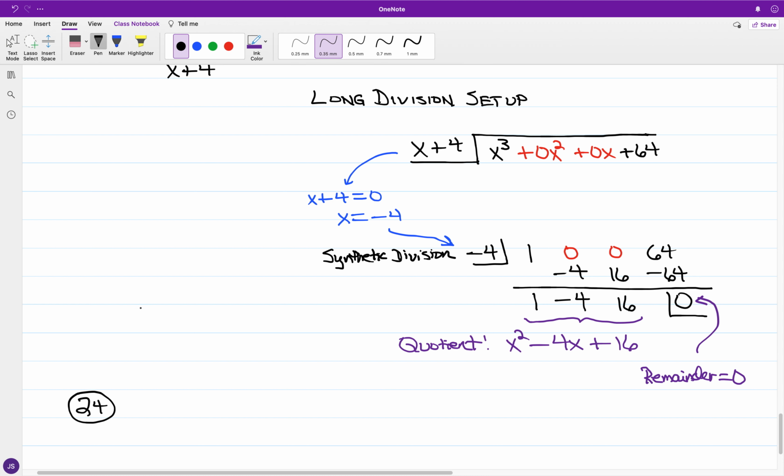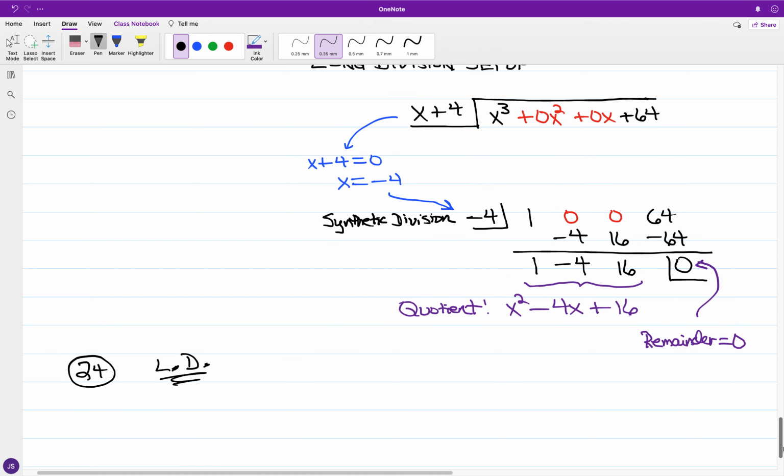So in this item, you're looking at a fourth order polynomial divided by a first order divisor. Just go ahead and take the long division setup.